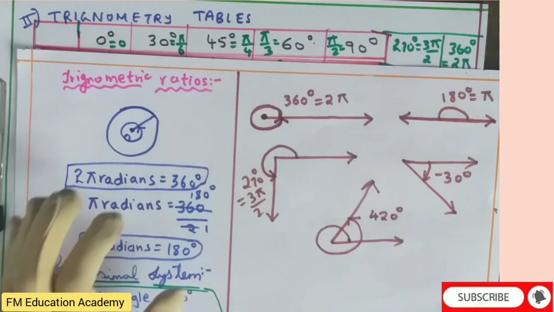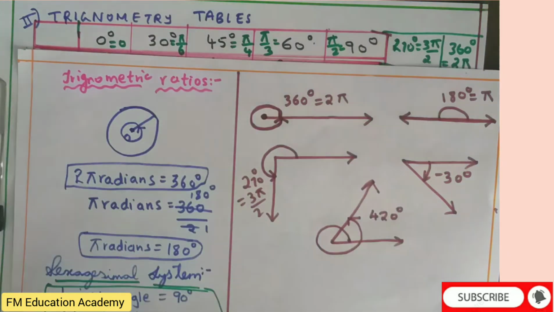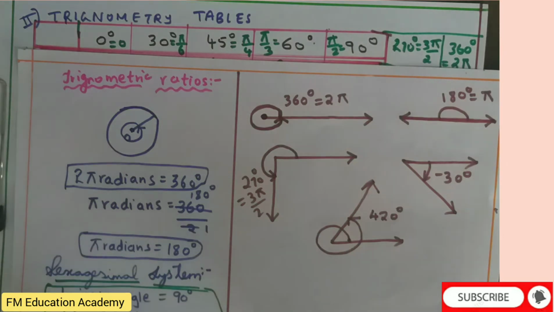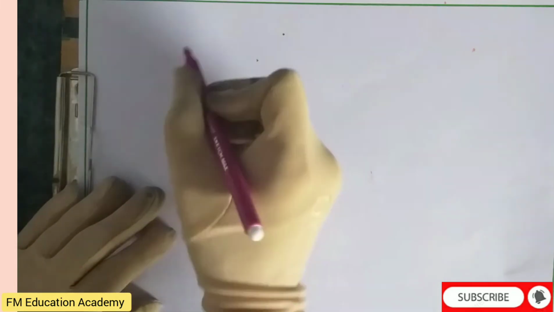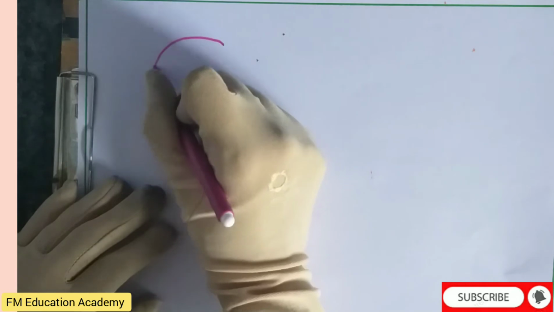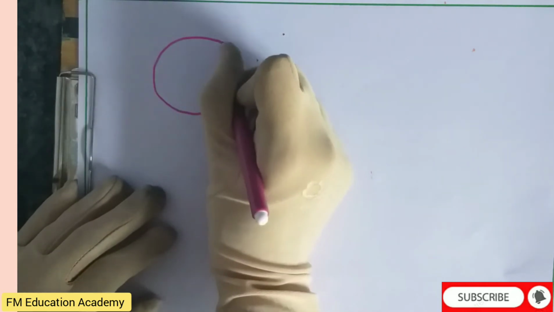These are the angles which you should know, how to denote them. That's why I explained to you. Basic knowledge: you assume that there is a circle. Now, any triangle will have a trigonometric ratio, and any triangle will have an angle.